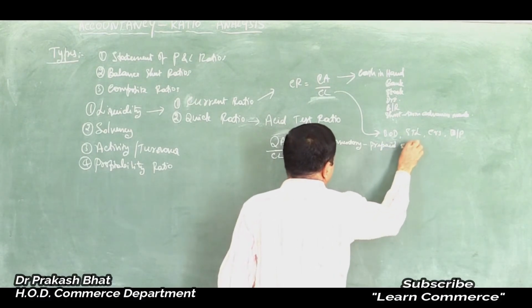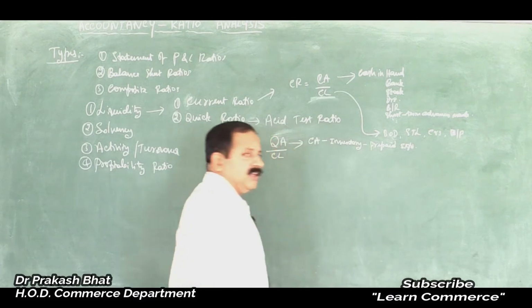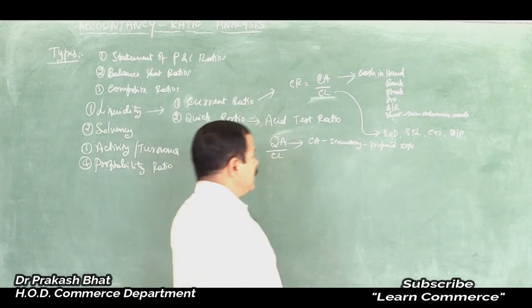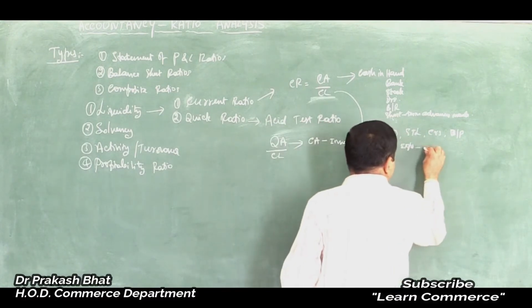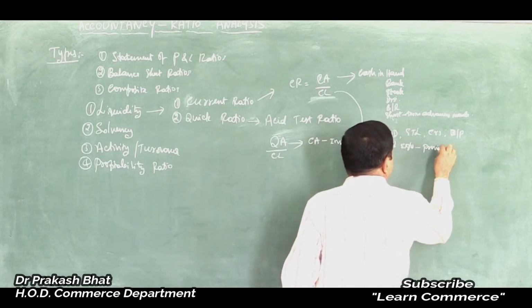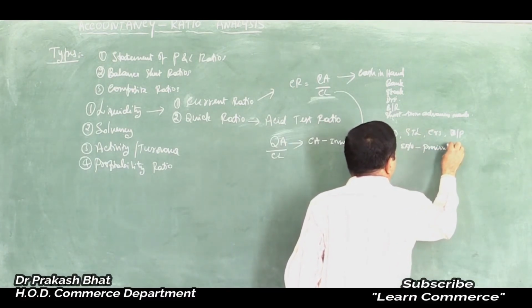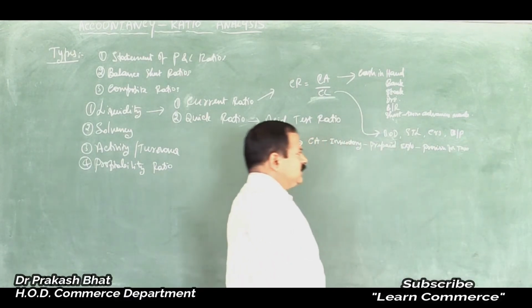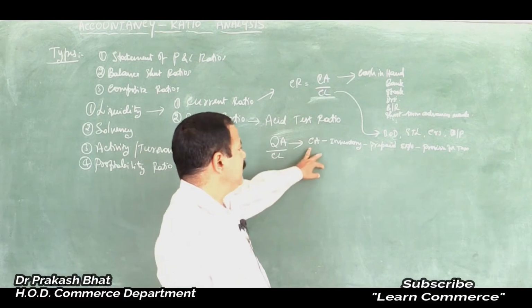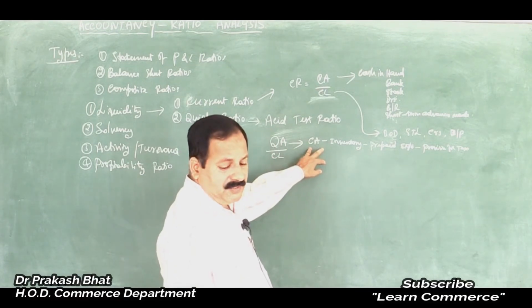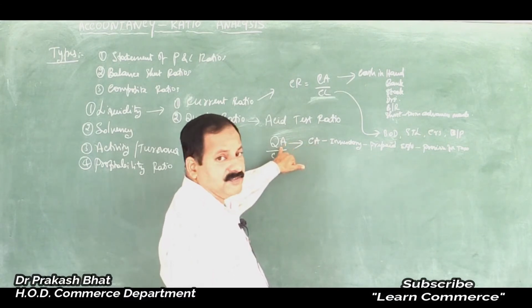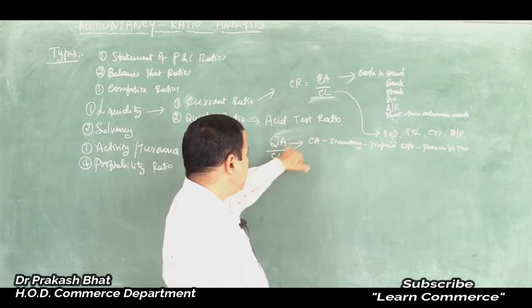Prepaid expenses will not be included in quick assets. Provision for taxation also will be removed from the current assets. That is what we take as quick assets, and the total is divided by current liabilities.